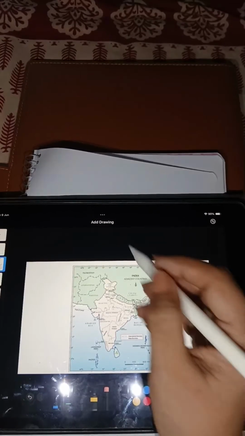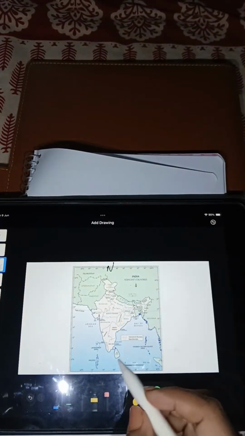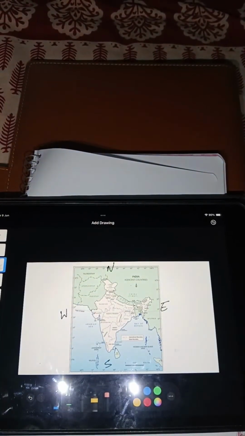North, south, west and east, this is what we get.